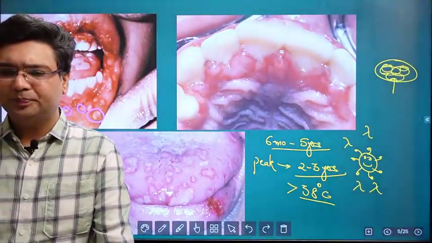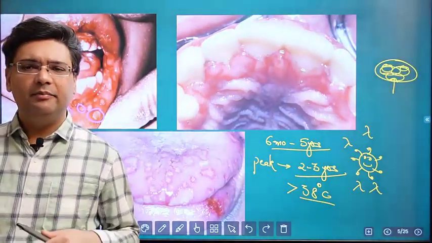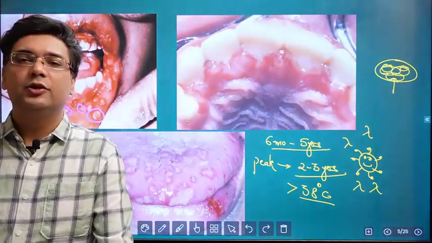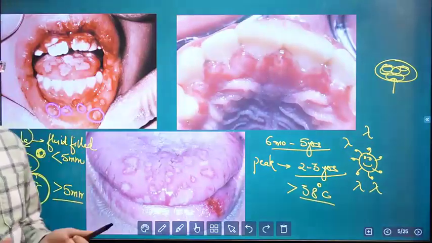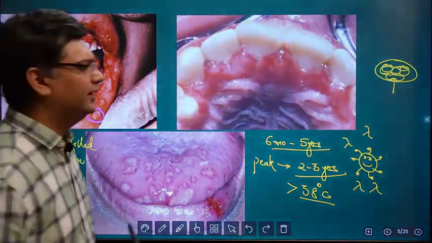This generally can affect both the fixed as well as the movable mucosa. You have enlarged painful lesions which are reddish in color, and you can see these vesicles which have developed around the oral cavity.